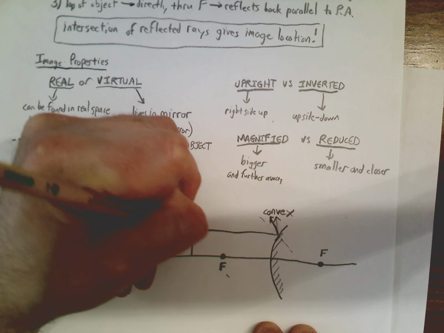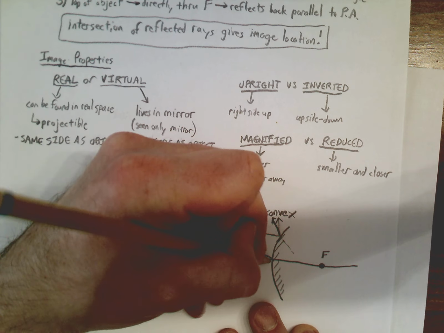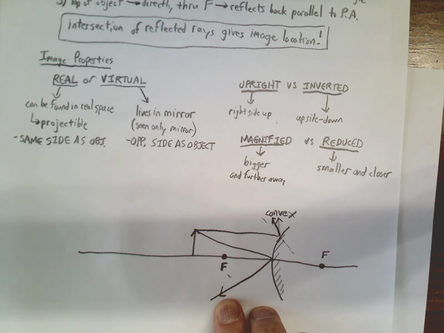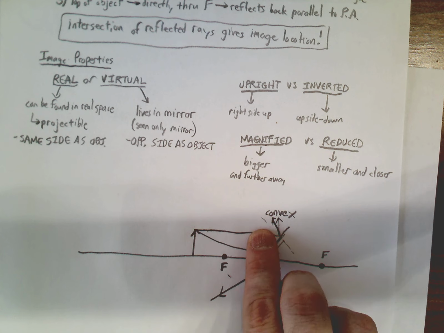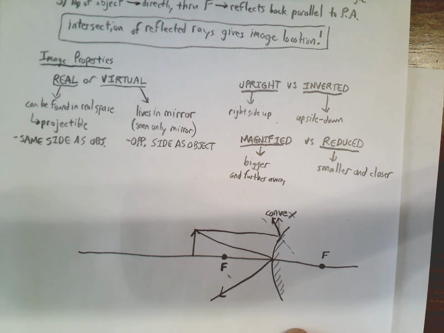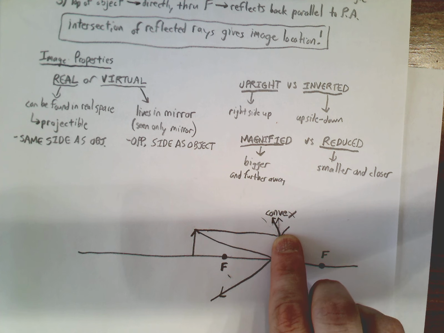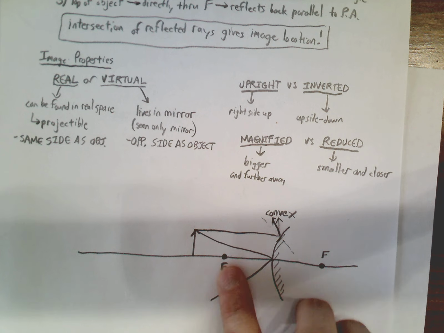If I draw the next ray going to the center of the mirror and bouncing off, these reflected rays are never going to converge. That's a problem, but we can be tricky. This one's supposed to go through the focal point, but it turns out the reflected ray is not going to go through this focal point like the one we did earlier.